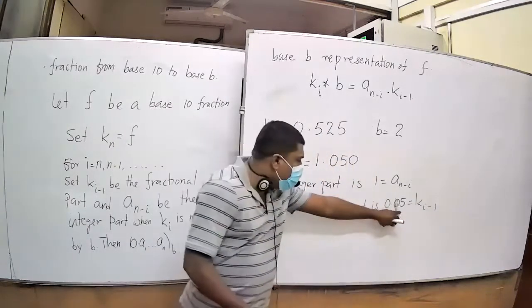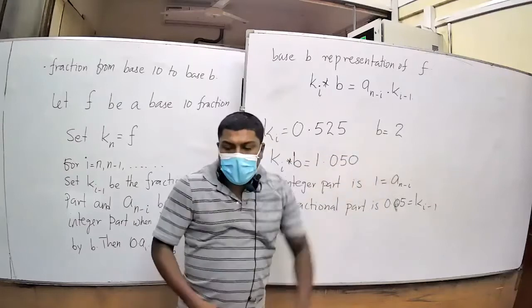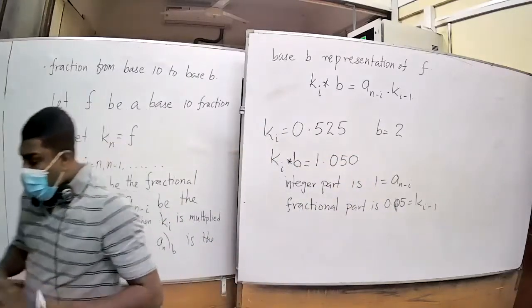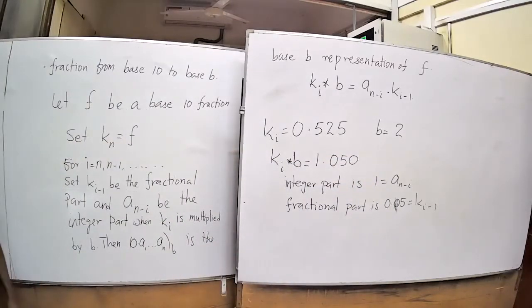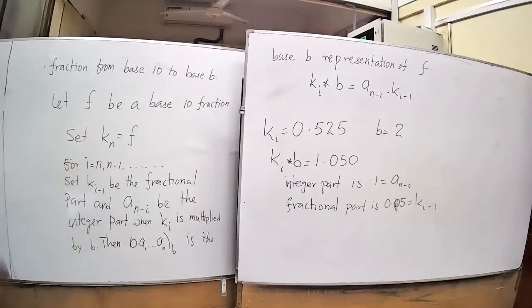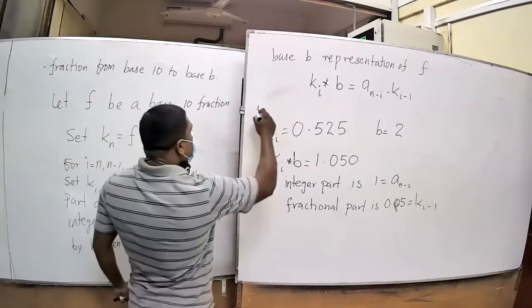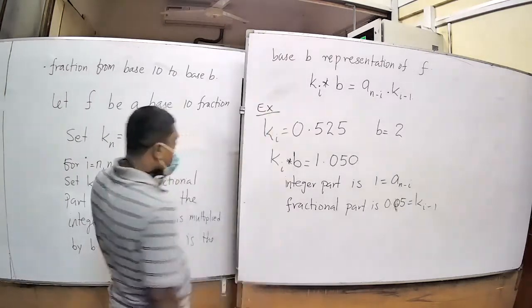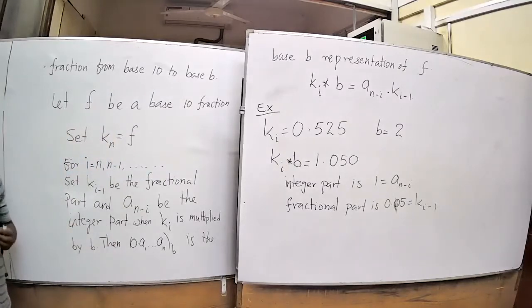You multiply this by 2, take the integer part and the fractional part. When you continue multiplying like that, you can always get an integer part and a fractional part, so eventually you can get all the digits. So this is an example of what you do.